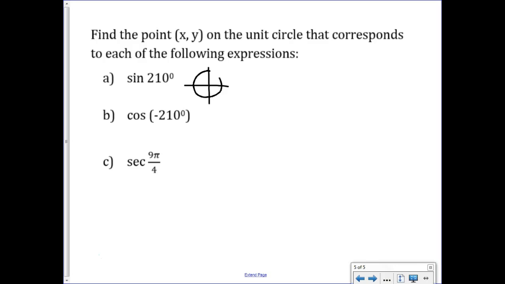So I'm going to draw a unit circle in here to help me out. And it happens to be 30 degrees more than 180. So that means I'm looking at right here, this triangle, which means I'm in this quadrant where it's negative and negative.